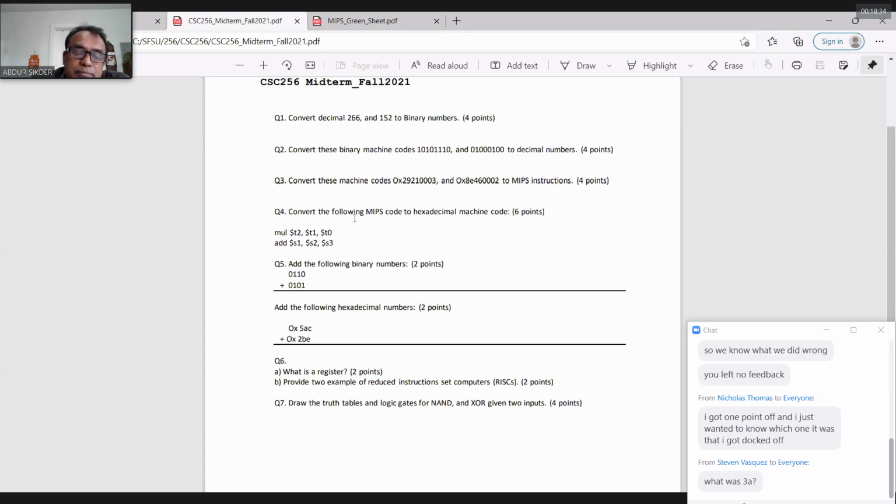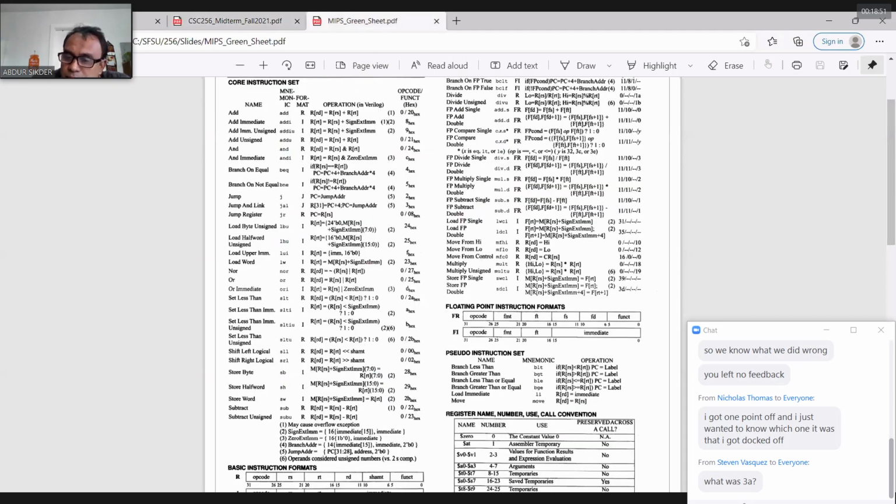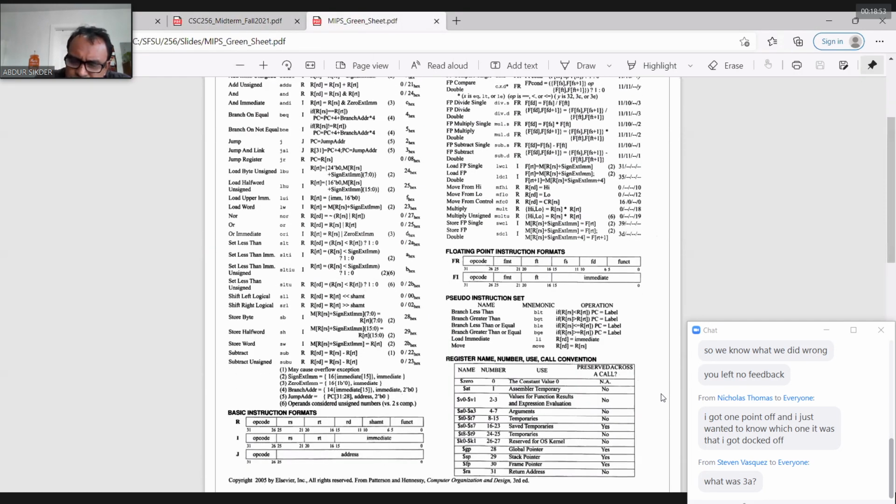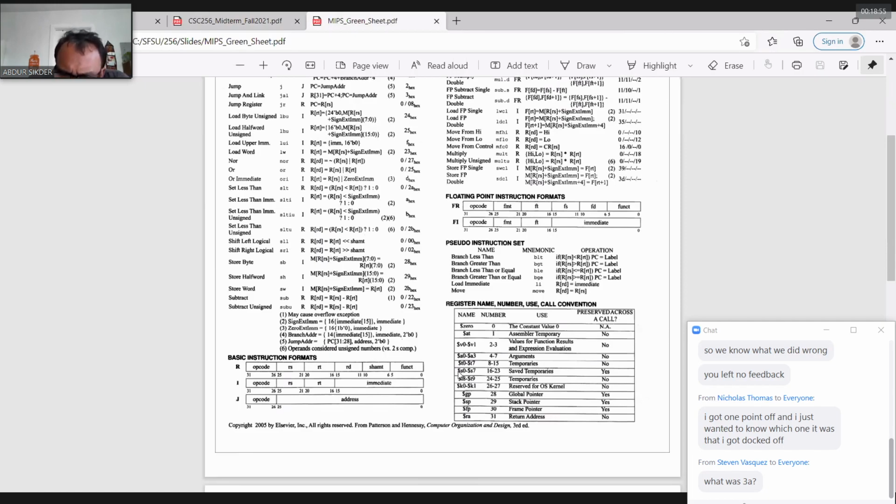A lot of people have a problem with this one. There's a 2, for some reason. So if you look at the green shade, and you see this T2, T1, and T0 from here. T2 is what?